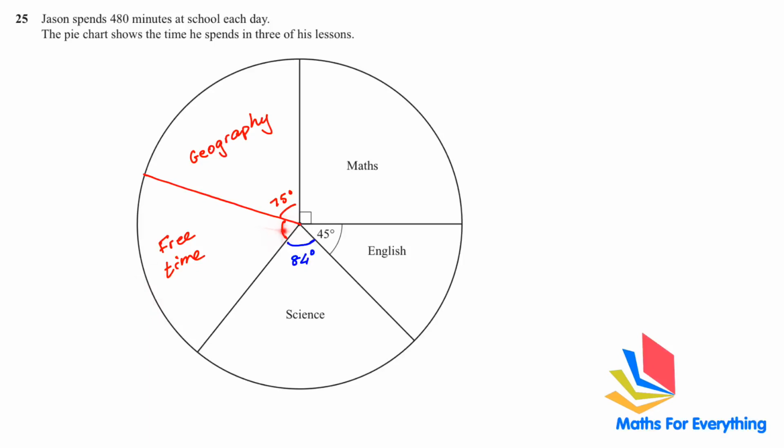So we need to find this angle. You know that angle at a point is equal to 360. Therefore, 360 minus all the angles which we have, 90, 75, 45 for English and 84 for science, will give us 66. So this angle here is 66 degrees.